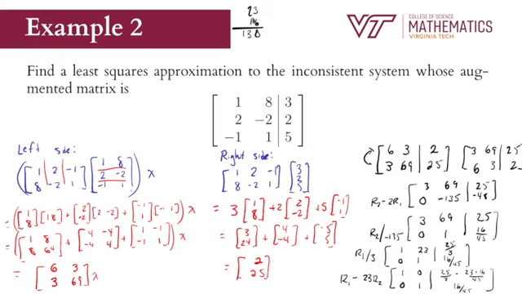That's going to be 138. 23 times 1 is 23. We get 368. And then 25 over 3, if we multiply by 15, that's going to be 5 times 5 is 25, so 275.